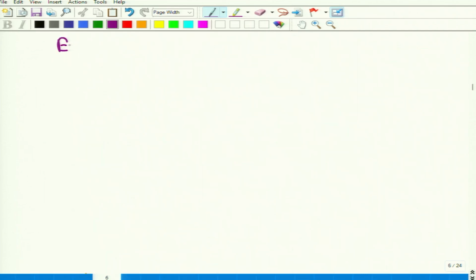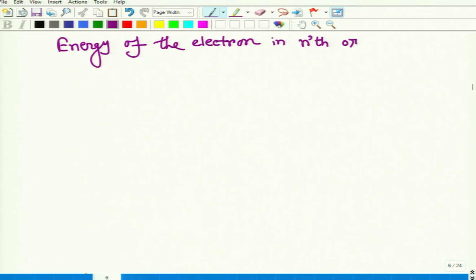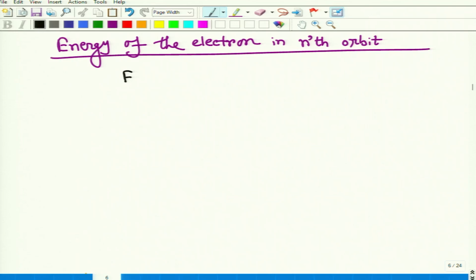Okay, the energy of the electron. En, let me write it, the energy of the electron in the nth orbit.